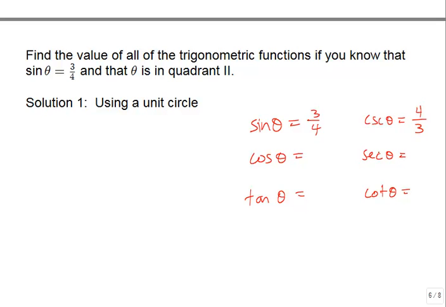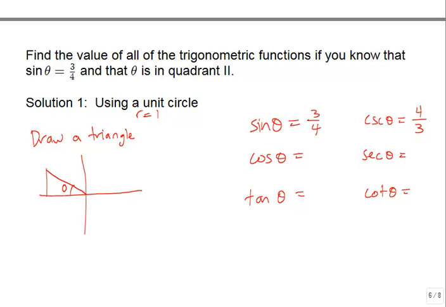So the first way I'm going to show you how to do this is to use a unit circle. So if we have a unit circle, remember that your radius is 1, and what I'm going to do is draw a triangle. And we're going to use the fact that this angle is in quadrant 2. So I'm going to draw a little triangle over here in quadrant 2.